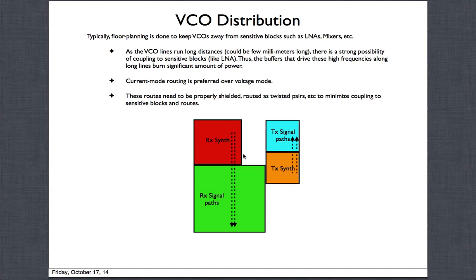So this red block is where we have the VCOs, and as we talked about previously, they are all electrically isolated as much as we can do with physical separation, that is the magnetic isolation. Still we have to route all these lines. It need not be only 2 lines, it's actually going to be more than 2 lines, but I'm just showing this as a representation of the VCO line that has to be run.